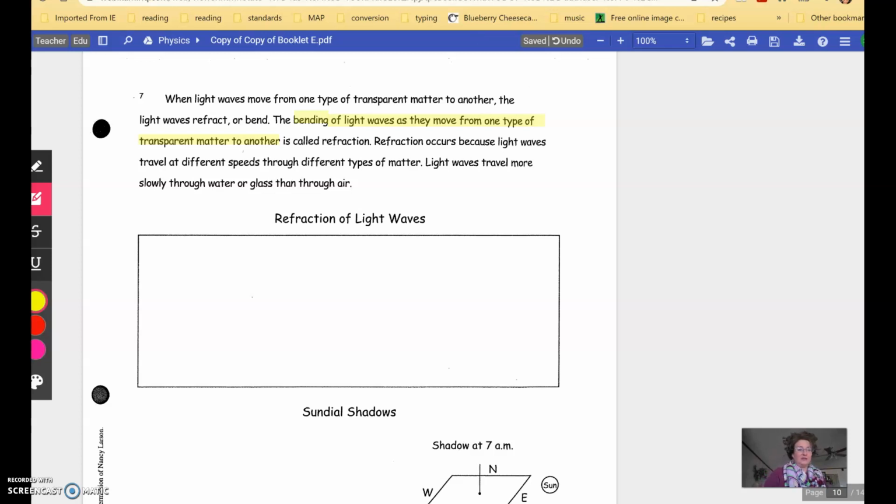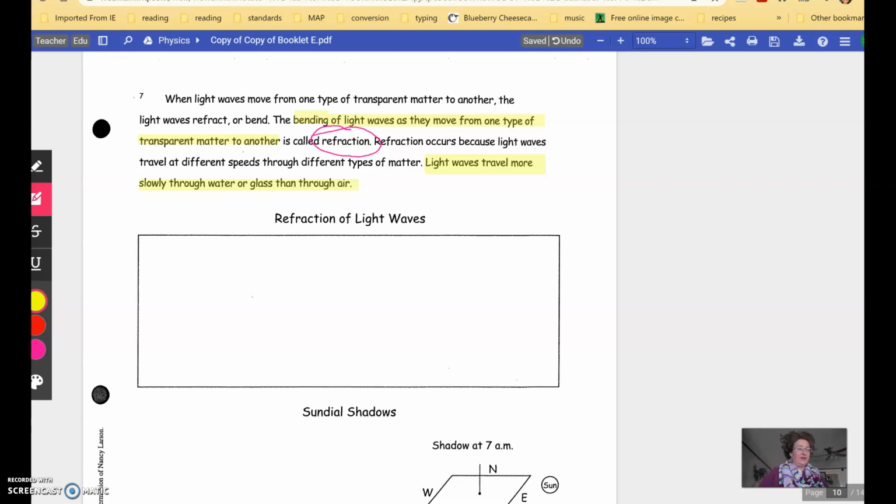And then you can take one of your colored pencils, and I want you to circle refraction. I also want you to use your highlighter to highlight the last sentence. It says light waves travel more slowly through water or glass than through air.